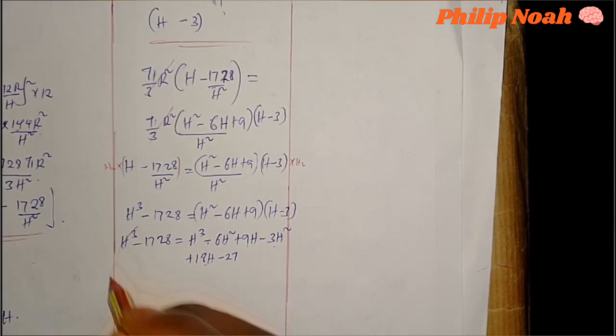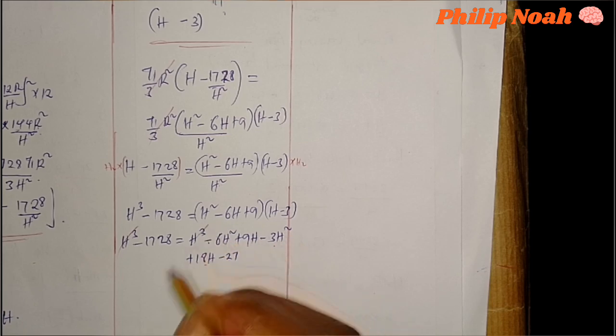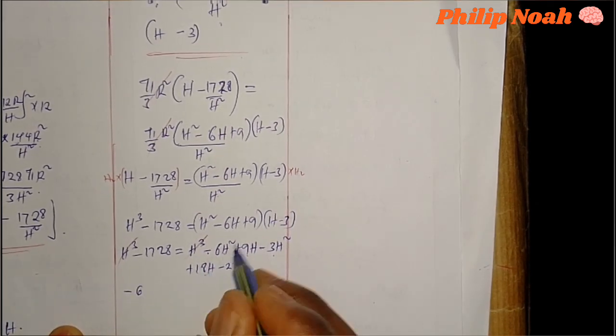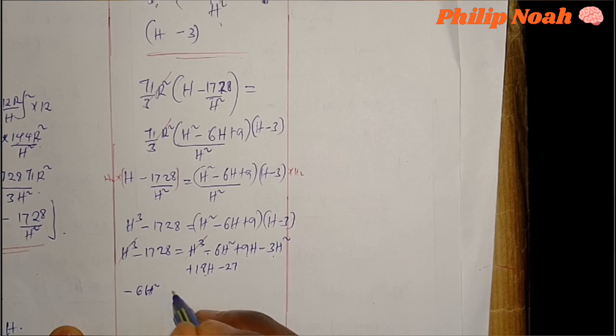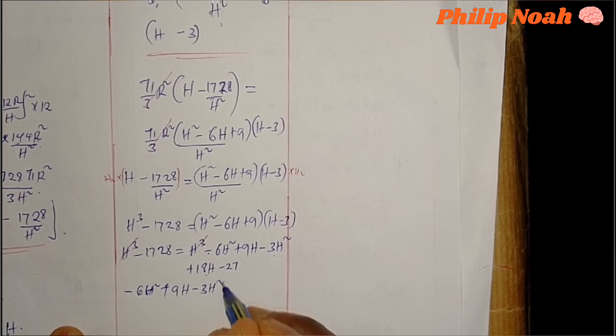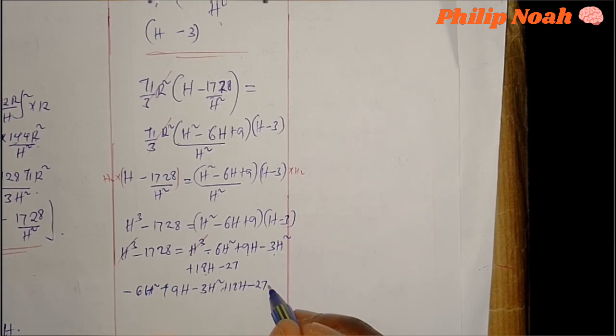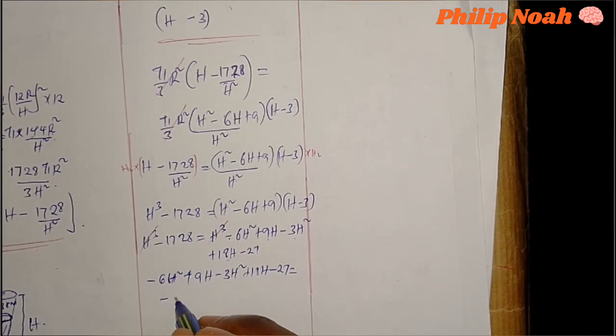This h cubed and this h cubed go. We remain with negative 6h squared plus 9h minus 3h squared plus 18h minus 27 is equal to minus 1728.